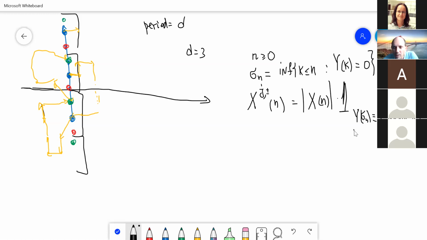And xn is positive if we write here plus, and is negative if xn is negative.